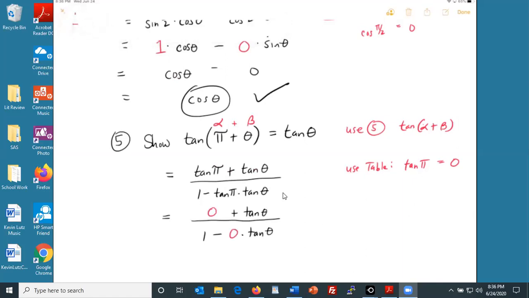All right, so the zeros get substituted in wherever you see tangent of pi, and it's just 0 there. And then that will equal tangent on top over 1, which is tangent of theta, which is what we wish to show.